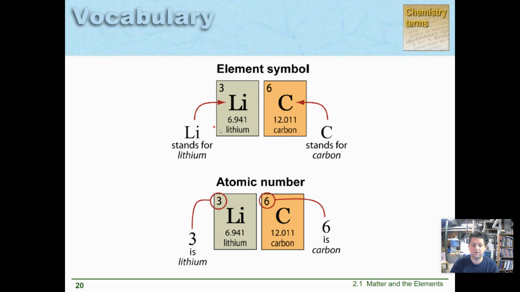So, reading the periodic table, there are just a couple pieces of information that you'll find on every periodic table. And these are the only ones I'd expect you to know. The symbol: lithium is abbreviated Li. Carbon is just abbreviated with a capital C. Anytime the symbol has two letters, the second one will be lowercase.